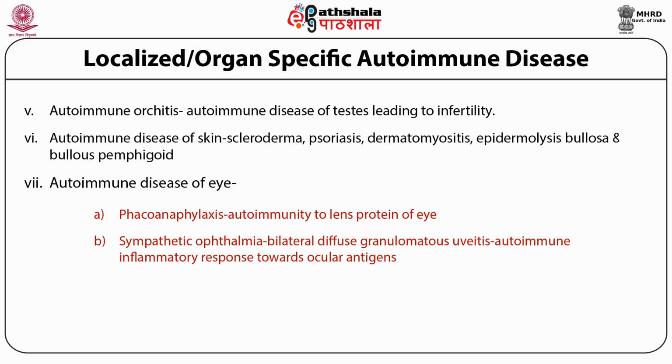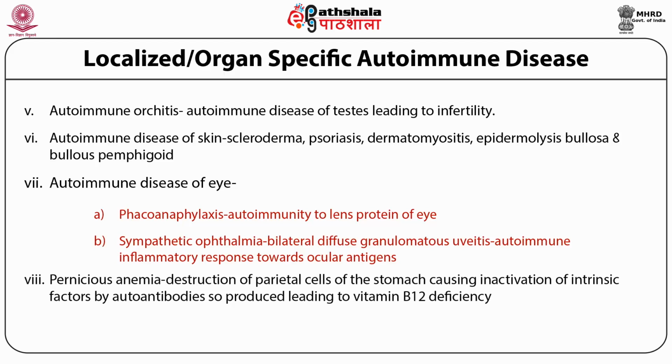It is a bilateral diffuse granulomatous uveitis in which both eyes get affected. This generally occurs if one eye has undergone trauma of some kind. The affected individual can turn completely blind. It is an autoimmune inflammatory response towards ocular antigens that are released due to damage to the eye.